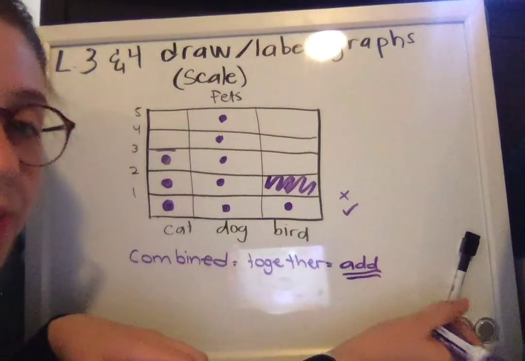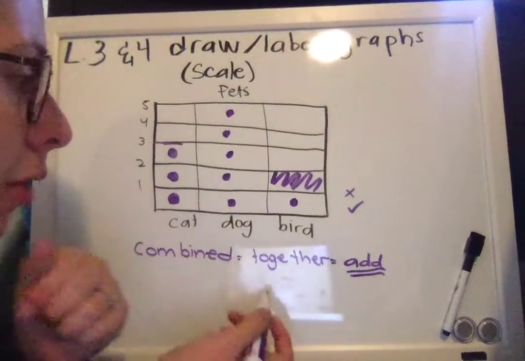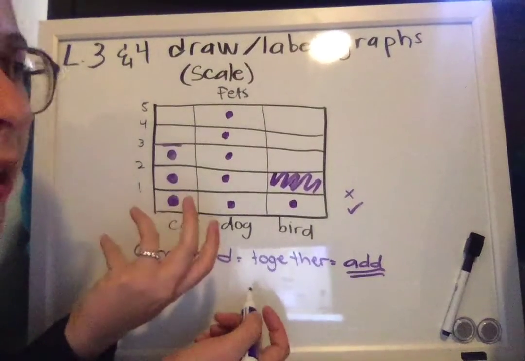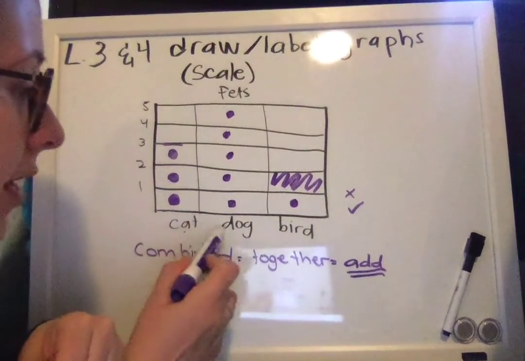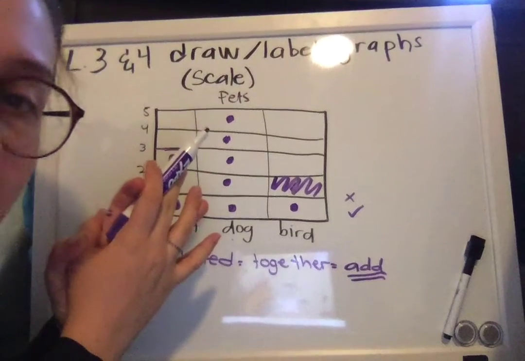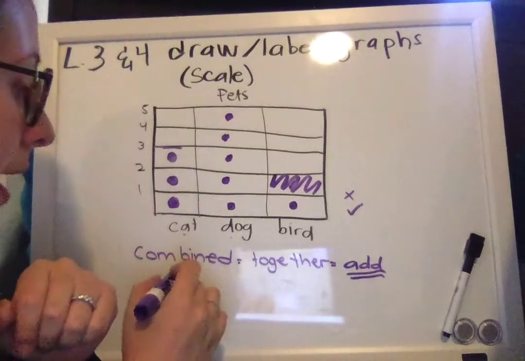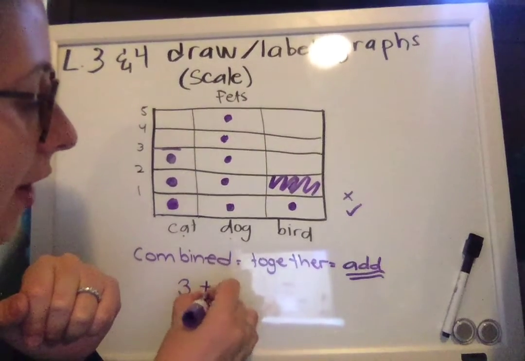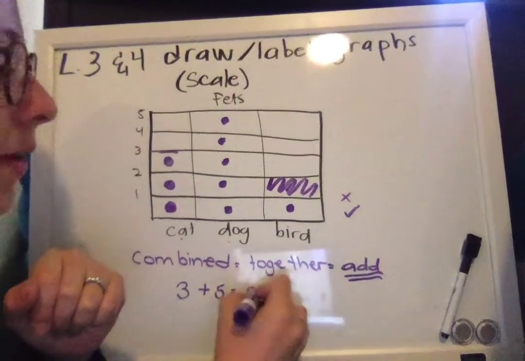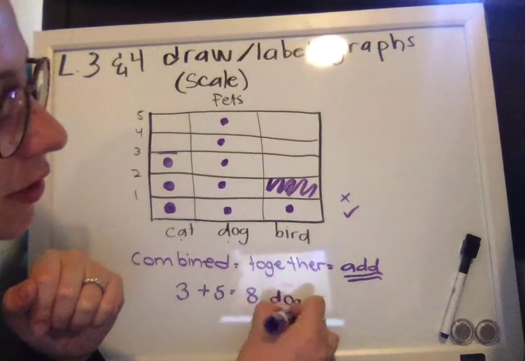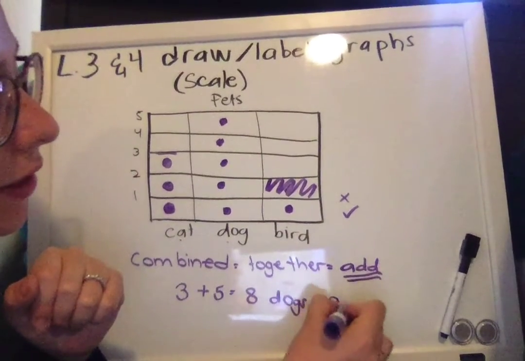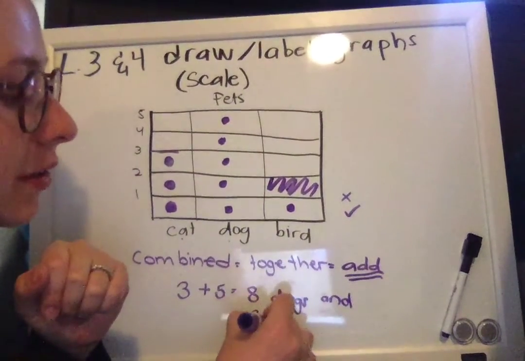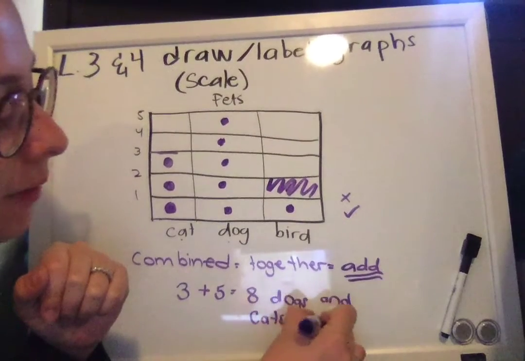If they're asking you to combine, how many cats and dogs combined are there? Cats and dogs combined, we're adding them. Well, we would have 3 plus 5, 8. We would have 8 dogs and cats combined.